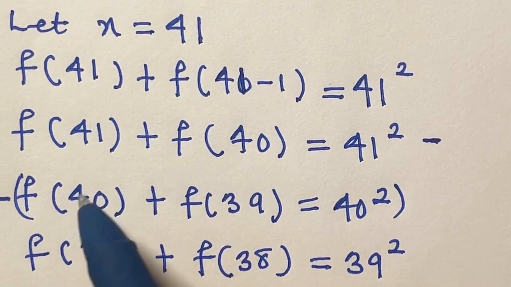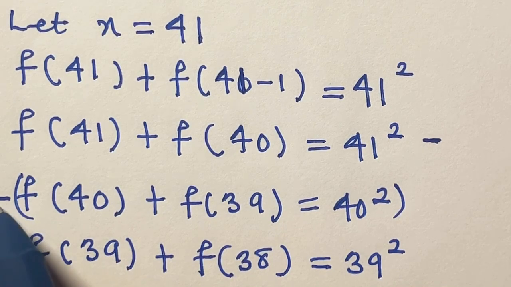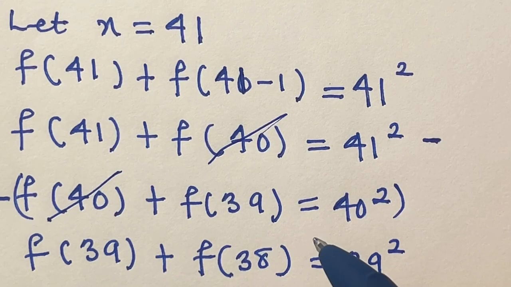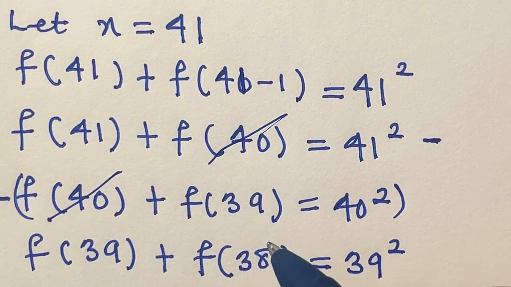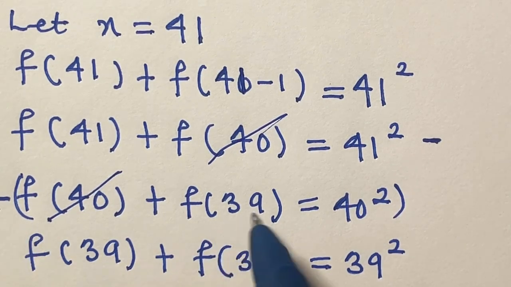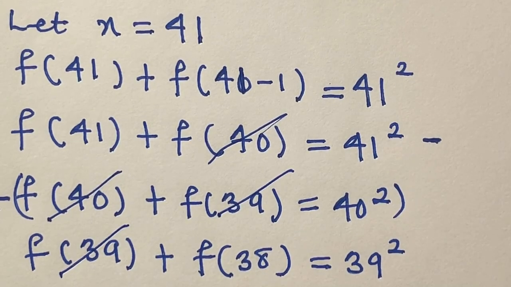If you have plus f of 40 here, then we have minus f of 40 here. If you expand this, we have this, we cancel, right? Do you understand that? Also we will have minus f of 39 here, then we have plus f of 39 here. This will also cancel. Also we have f of 38 here, then minus f of 38 here, so this will also cancel.